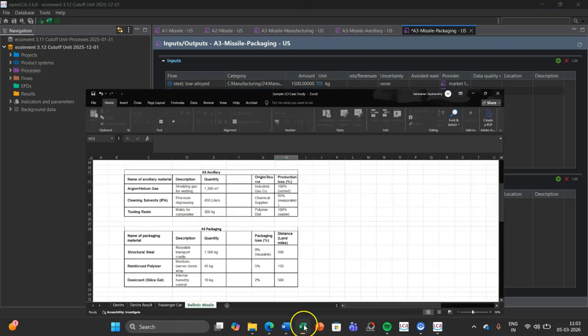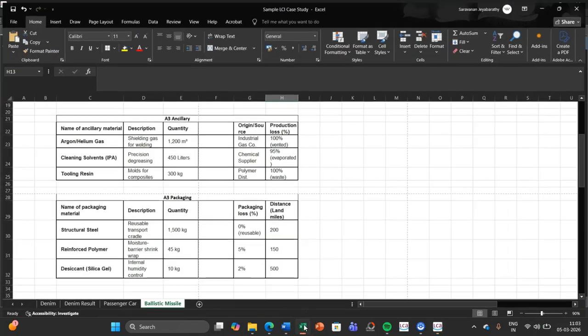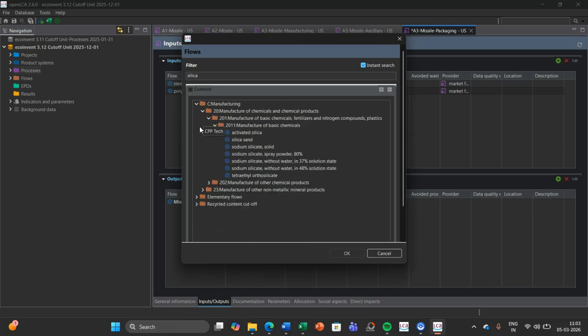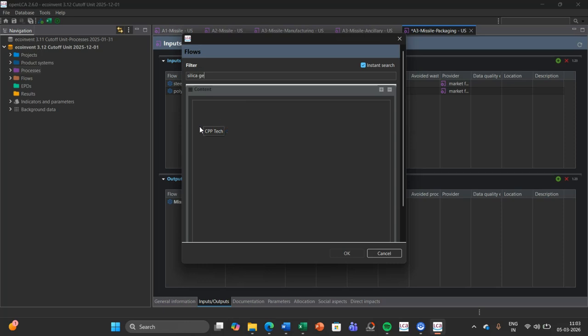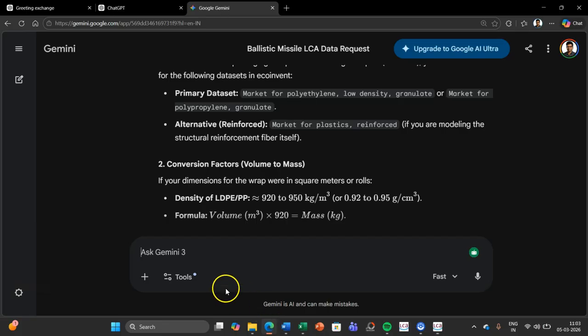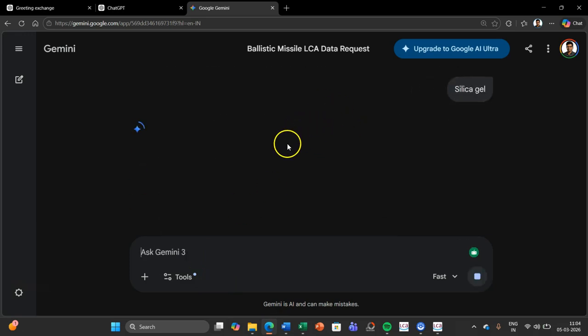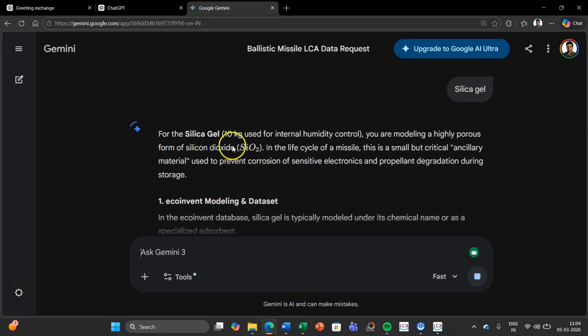Okay, nice. Then silica gel. A lot of silica datasets are there, but gel is not there. Okay, let us ask. Actually, instead of using this AI, you should use the ecoinvent website to understand the individual data set better.